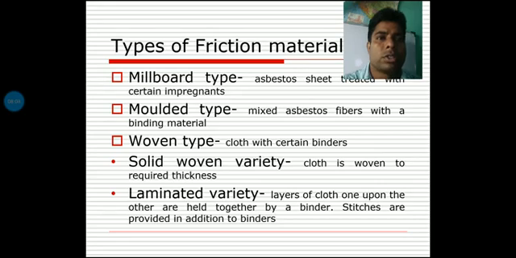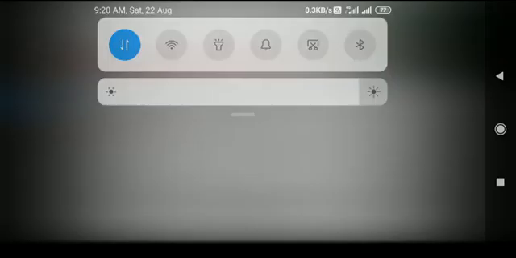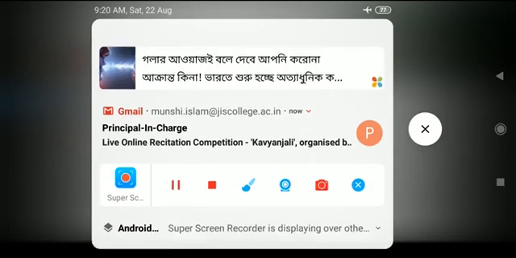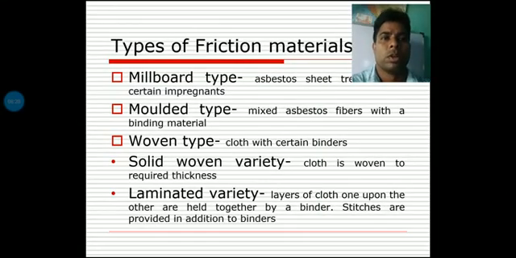Now next, molded type. Molded type is obviously another type of friction material that is mixed asbestos fiber, in a standard proportion. Mixed asbestos fiber with binding material.